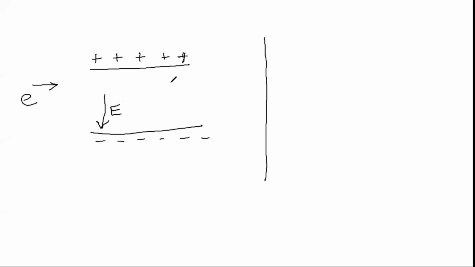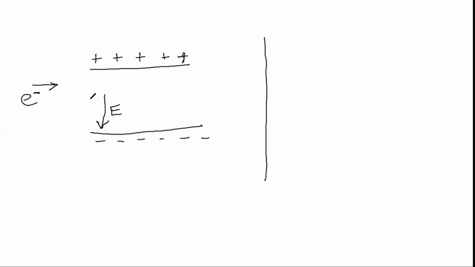The electron is negatively charged. As it passes through this region, it will be repelled by this plate because they are like charges, but it will be attracted by that plate. So in short, at any given point, there will be a force acting on it.